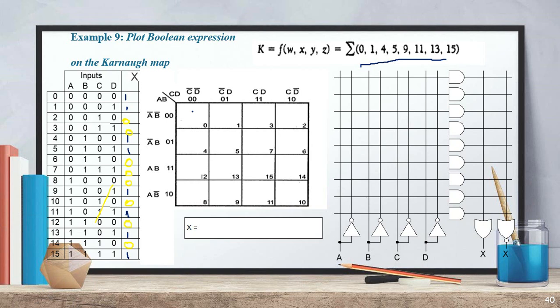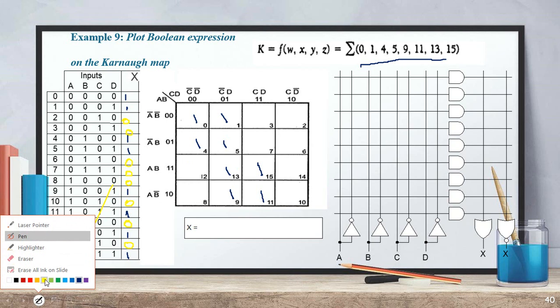From the truth table to K-map, wherever present make it 1: 0 is 1, 1 is 1, 4 is 1, 5 is 1, then 9 is 1, 11 is 1, 13 is 1, 15 is 1. In this portion wherever 0 is present, make it a 0.